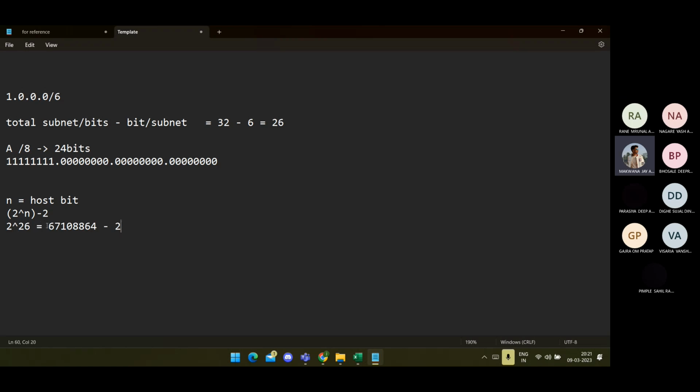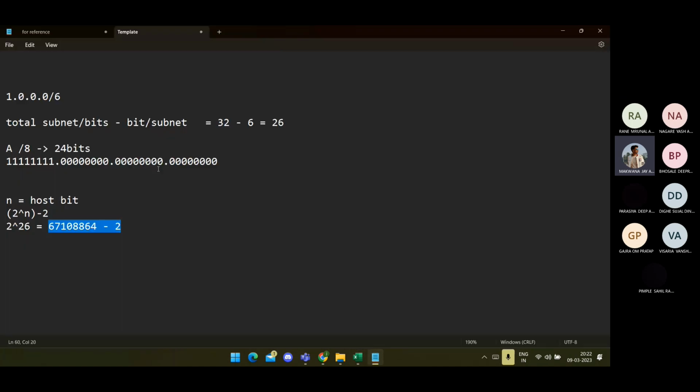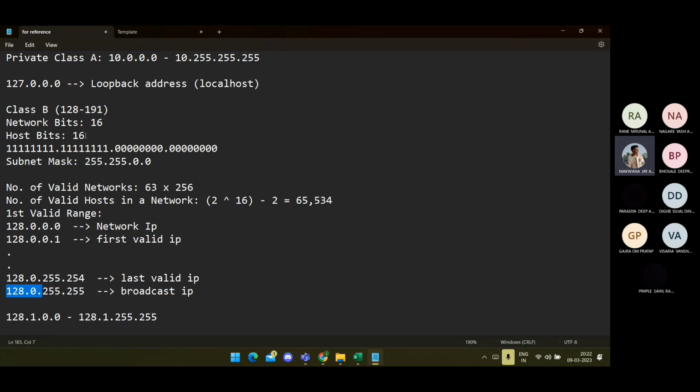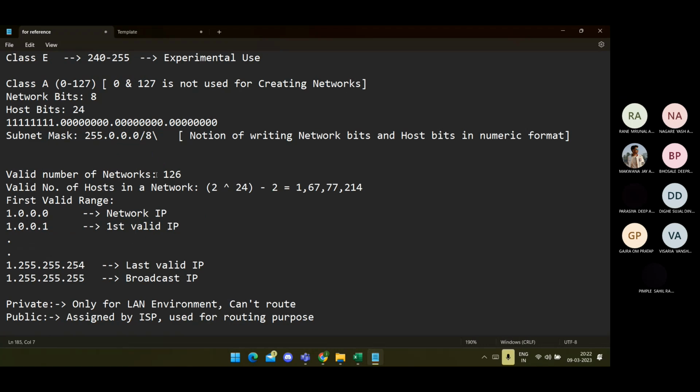So this many hosts one network can have. And how many networks can this IP address form? The networks this IP address range can form are the same as class A. The network doesn't change in this case. The number of valid networks remains the same, but the number of valid hosts changes if the subnet, which is /8, changes.